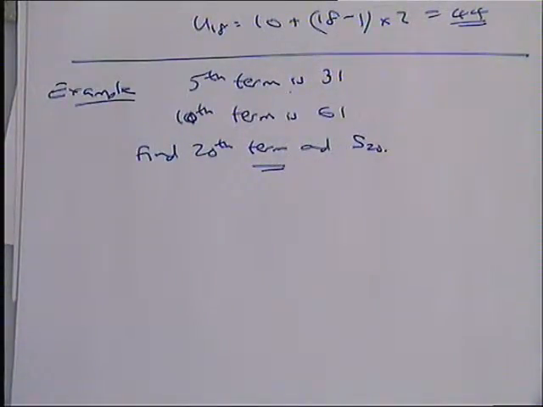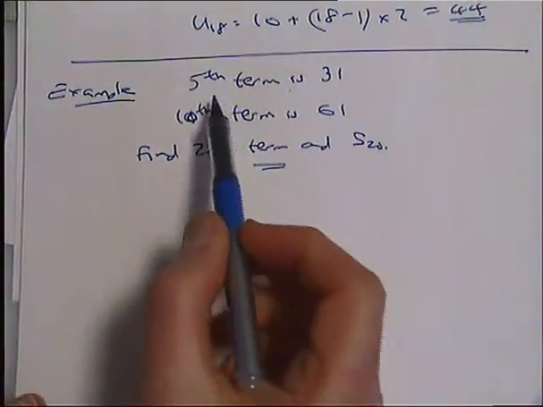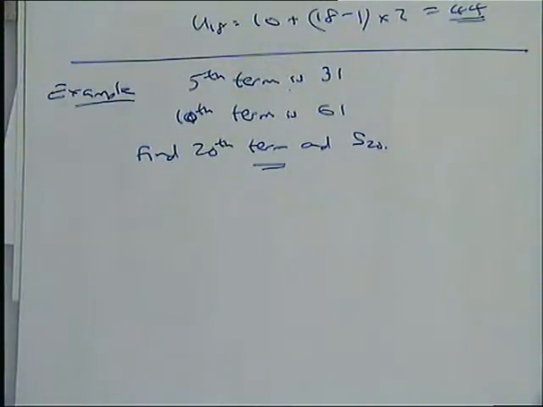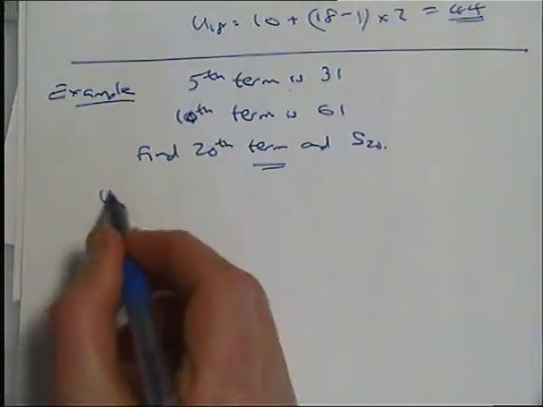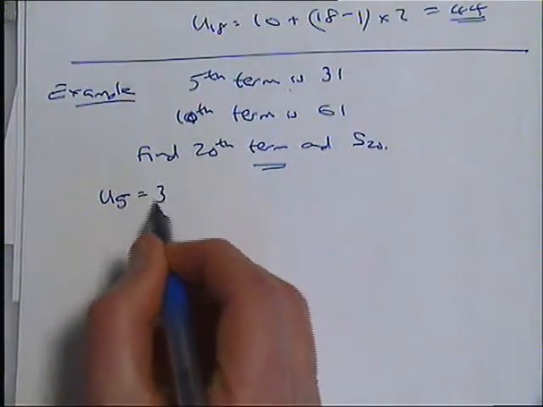Right, we need to know in any of these questions what A is, what D is and what N is. Any ideas what we could do to start this question? This bit of information here, the 5th term is 31. What do I know about the 5th term, other than it being 31?